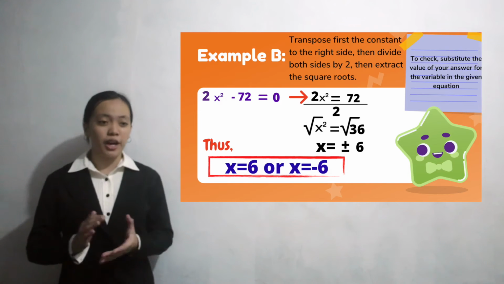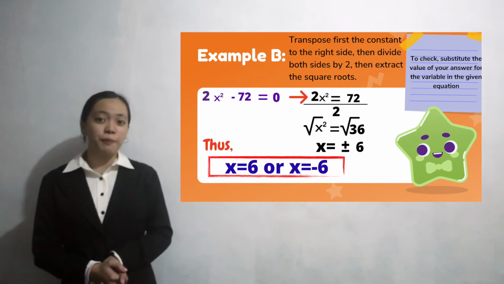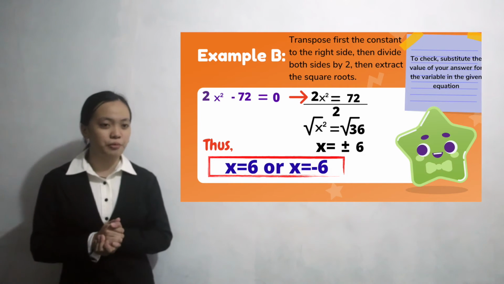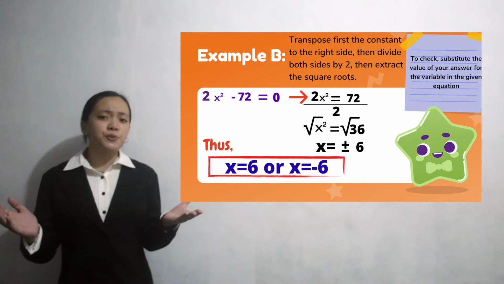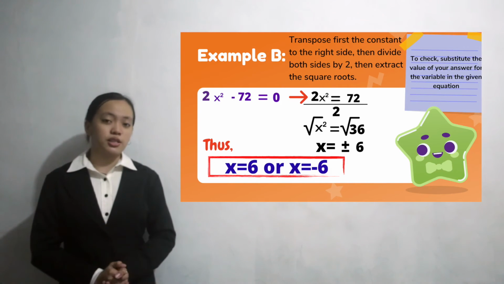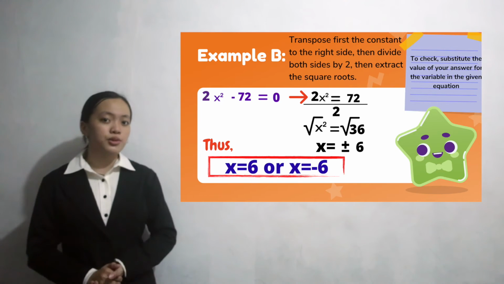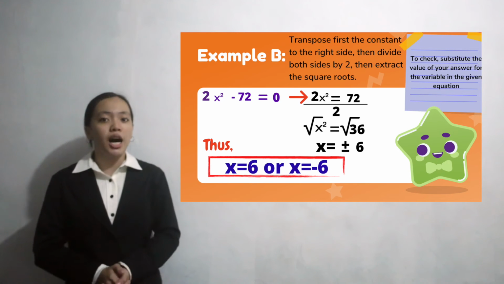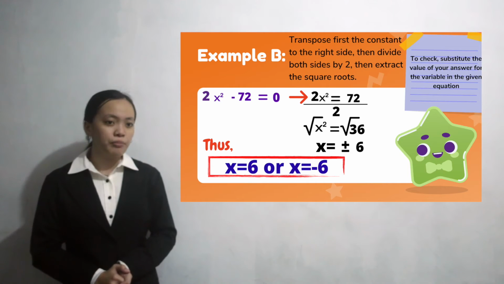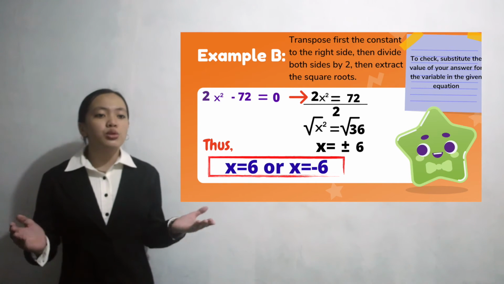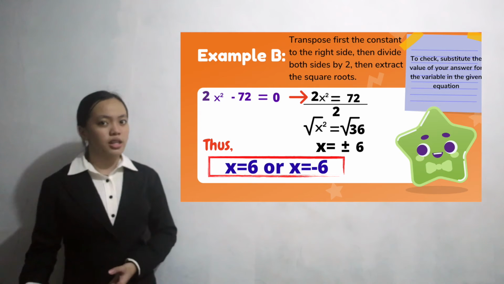Next is example B. In example B, we have the given 2x squared minus 72 equals 0. First, we need to transpose the constant to the right side. When we transpose the negative 72, it becomes positive 72, and we have 2x squared equals positive 72.